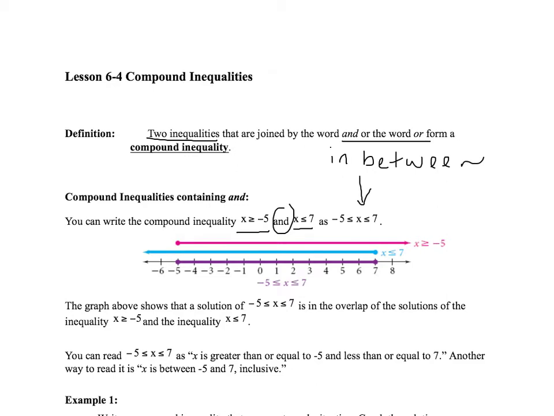If you look at this example, this first line represents x is greater than or equal to -5. This line here represents x is less than or equal to 7. So where's the in-between part? Where do they intersect? Between -5 and 7. So x is any number in between here.